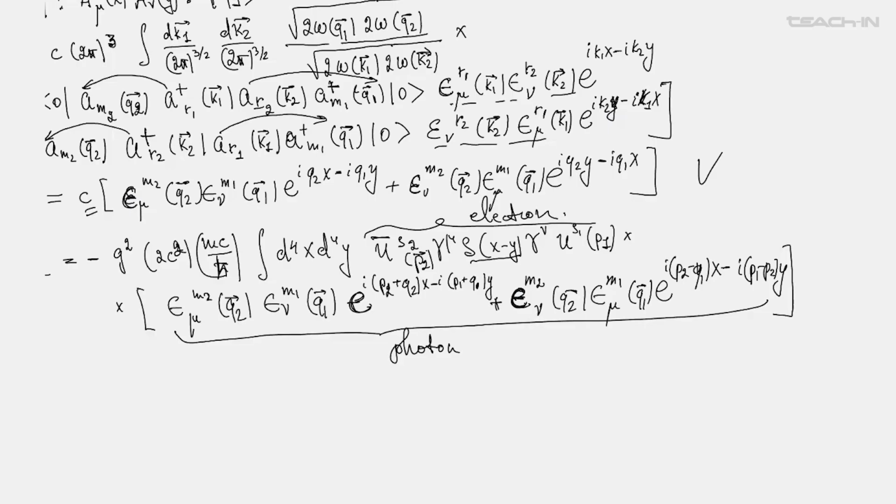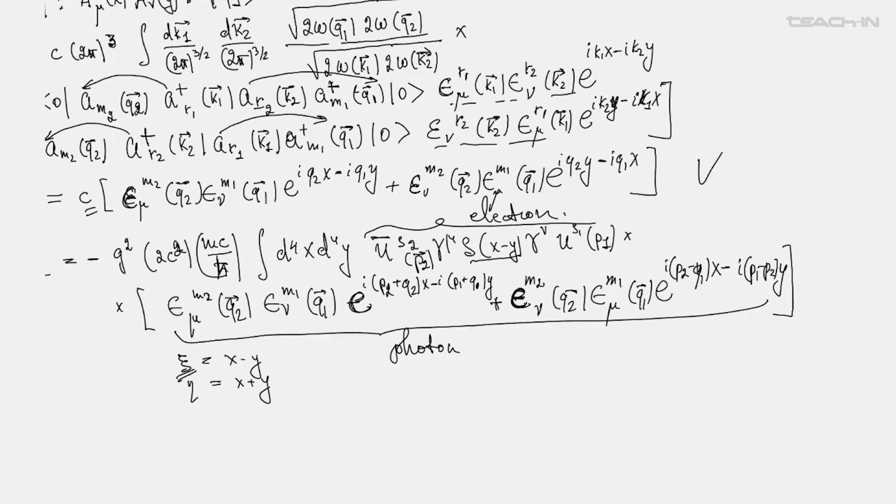So you will be integrating, instead of x and y, over the difference. Introduce a variable xi equal to x minus y, and then you can take another variable eta to be x plus y, for instance. After that, your propagator will depend on the variable xi. And then also in the exponentials, you substitute x and y with xi and eta.